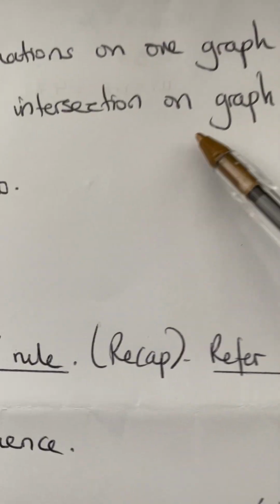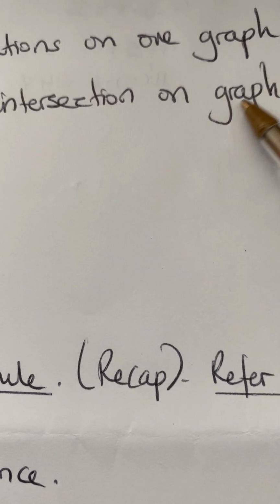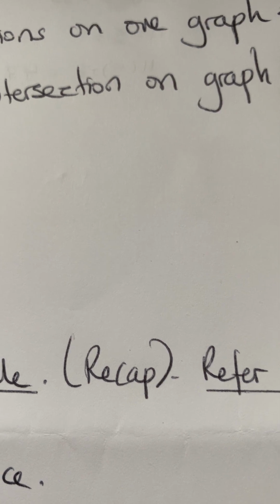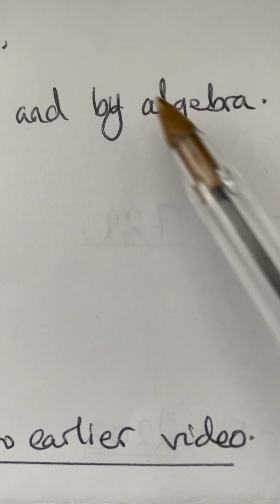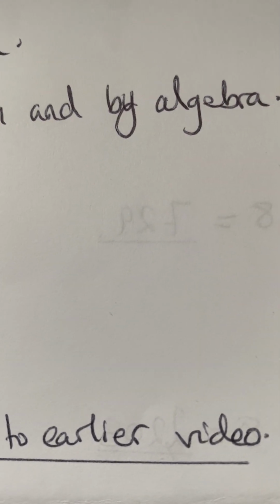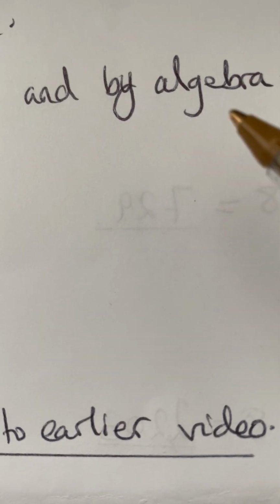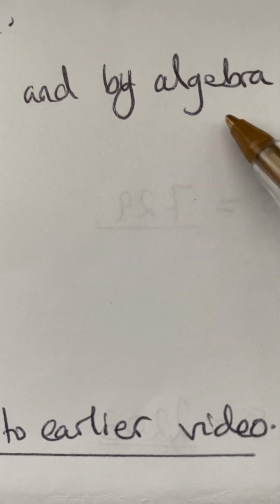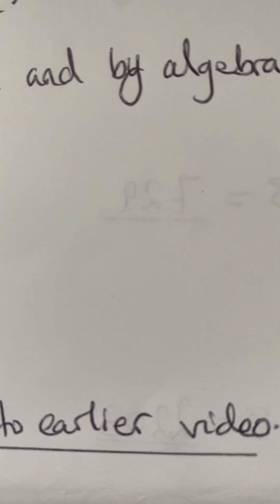I said normally they might just ask you to find the point of intersection on the graph, and that will be it. Or they might give you the two equations and ask you to find the values of x and y. So you are going to get two values of x, put them back in one of these equations which you think is simpler, and find two values of y.